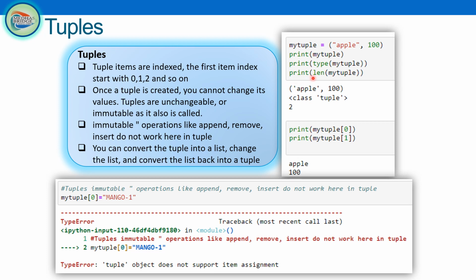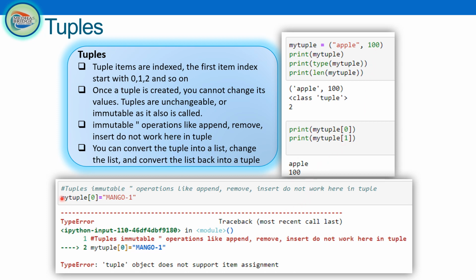If you print length of my tuple, we get length of my tuple. Print my tuple index 0 prints the value of string which is at index 0, apple. Print my tuple index 1 prints the value at index 1, which is the integer value 100.